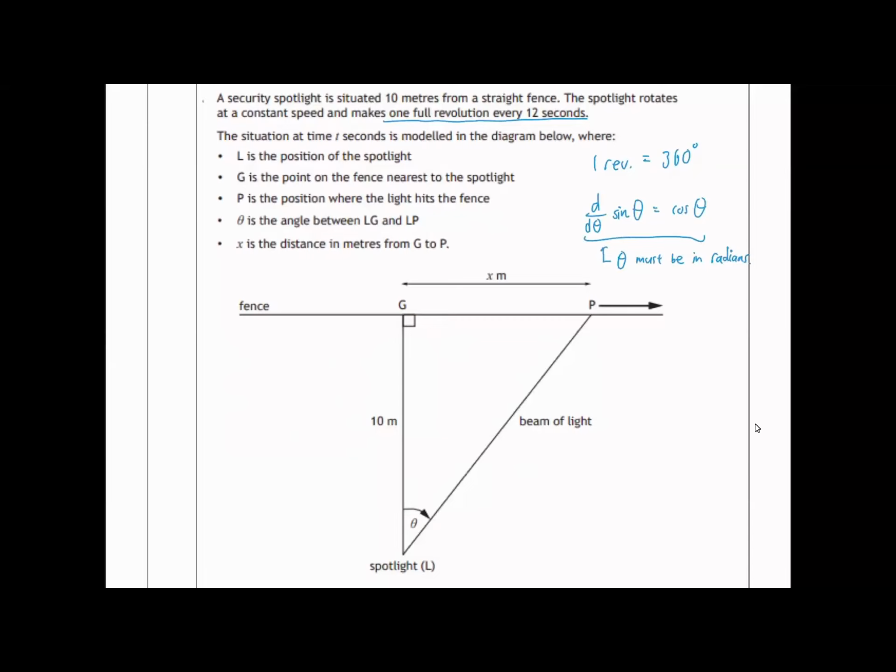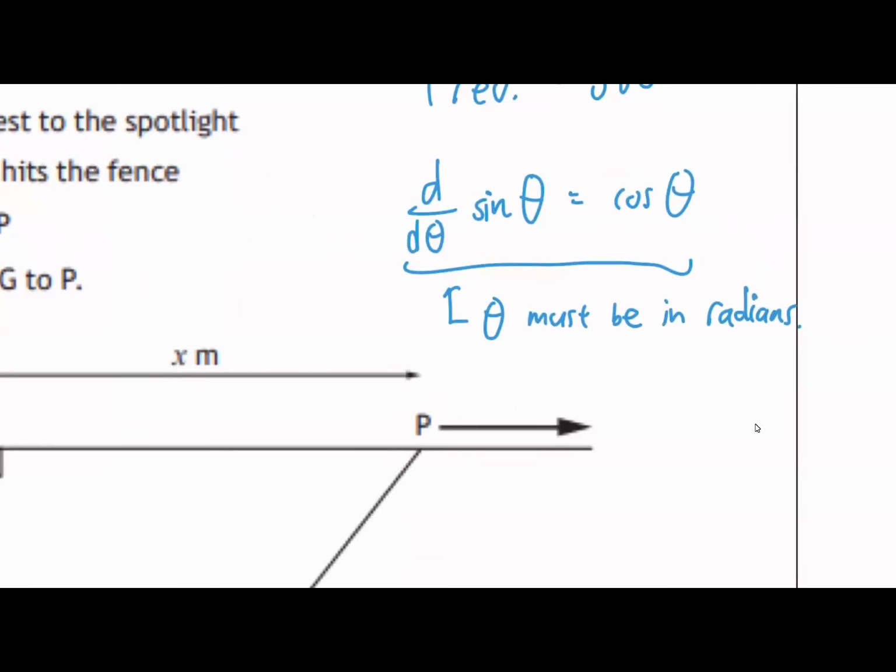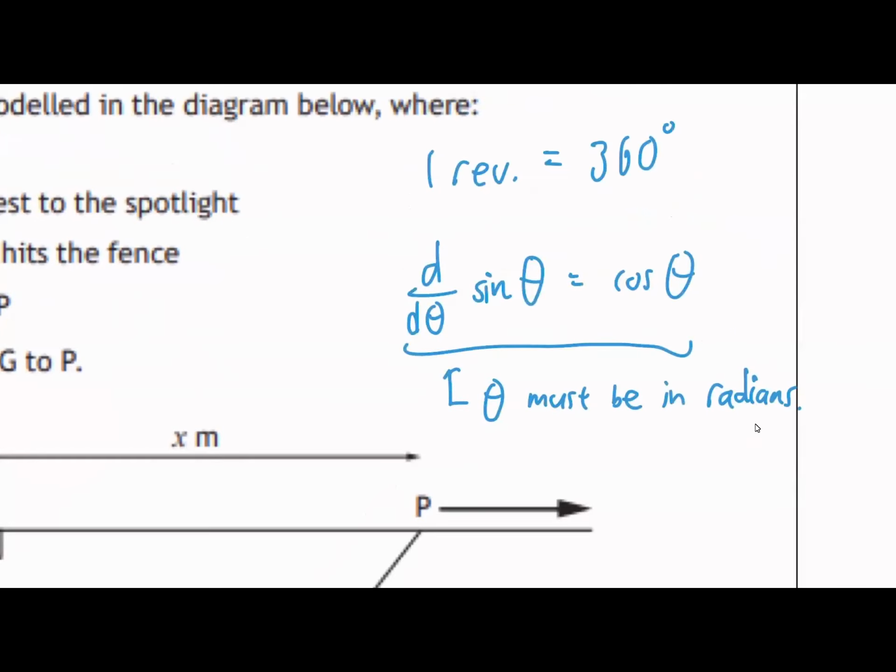In the proof for why the derivative of sine is cosine, we make use of the fact that theta is in radians. If it was in degrees, we would need to treat theta as a function of degrees. So theta will be something like 180 degrees over pi of, let's say I use a different letter, alpha.